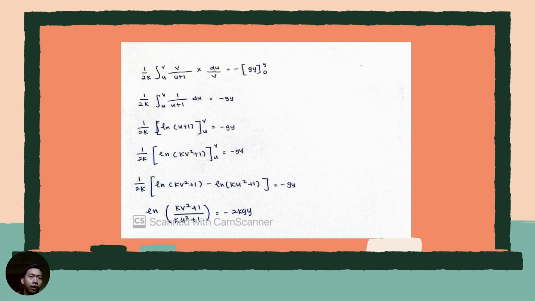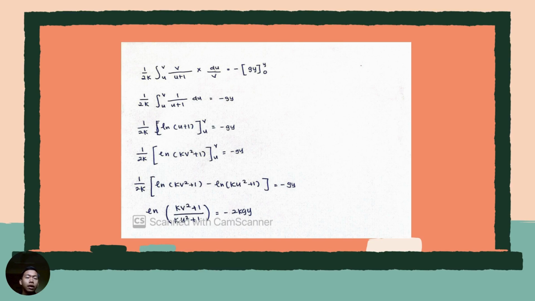So we get ln of kv squared plus 1, with the limit of v and u, is equal to negative gy. So next, 1 over 2k, where ln of kv squared plus 1, we subtract ln of ku squared plus 1, is equal to negative gy.